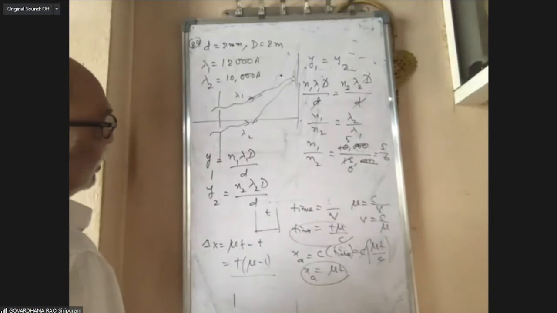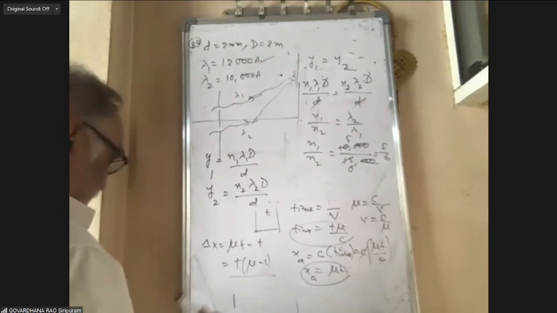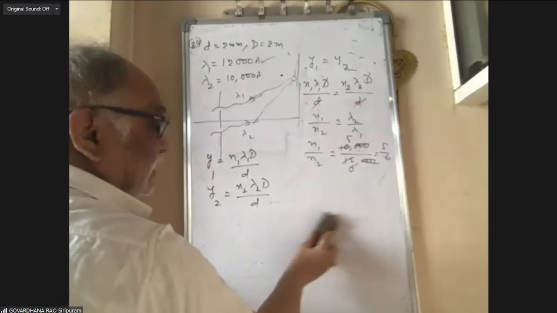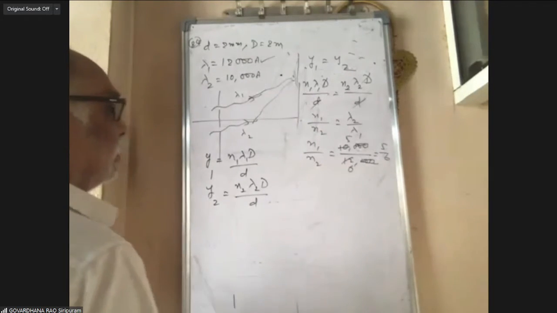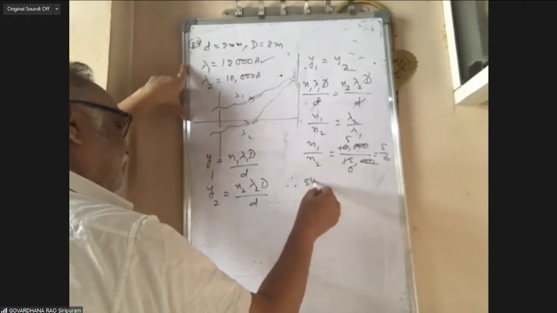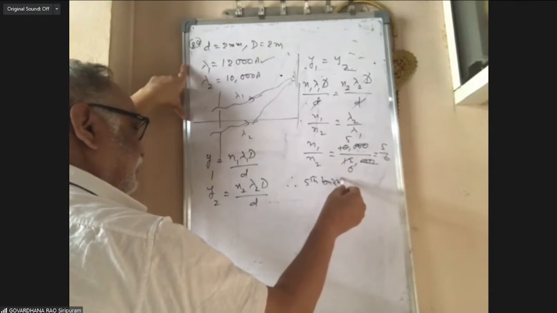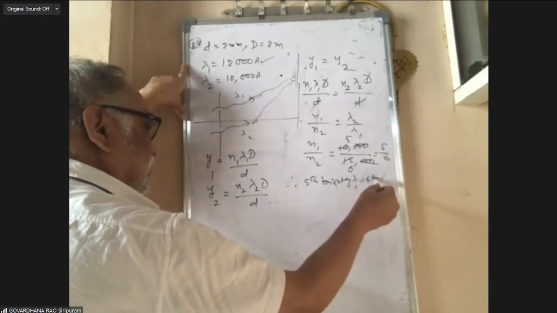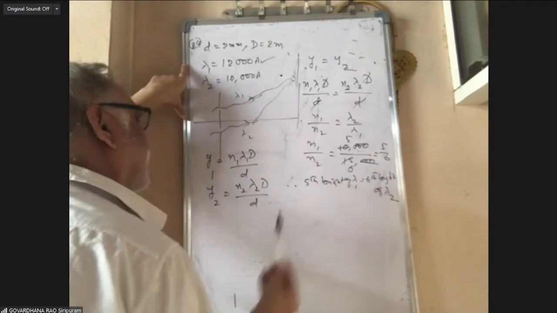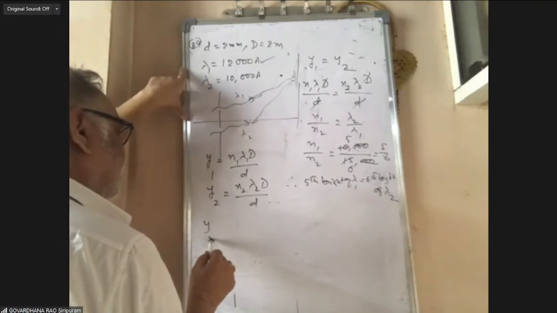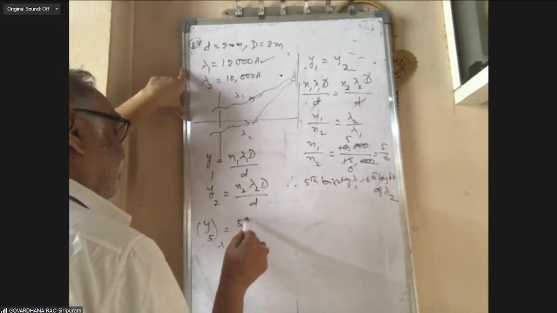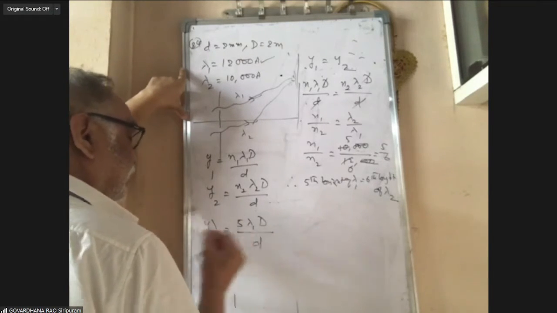That means the fifth bright fringe of lambda 1 coincides with the sixth bright fringe of lambda 2. What is the position of the fifth bright fringe of lambda 1? The position is 5 lambda 1 D by small d.